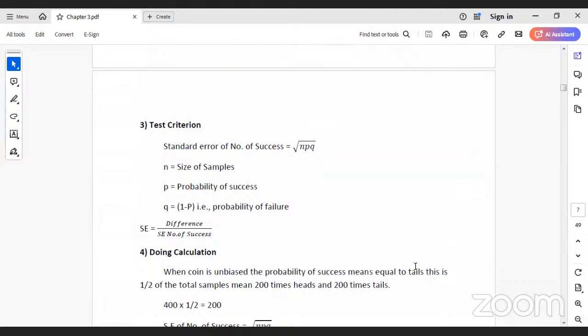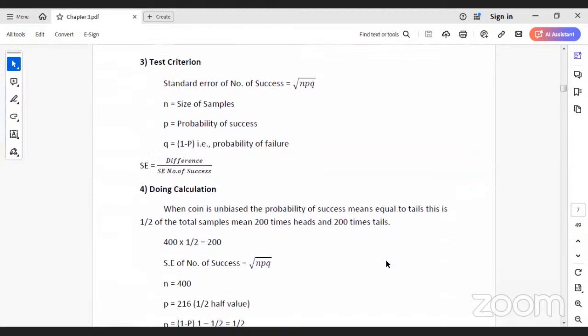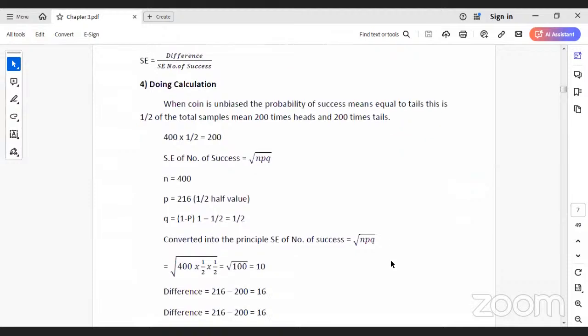Here we do the calculation. The calculation part is important here, so listen carefully. When a coin is unbiased, I am saying unbiased coin, not a biased coin, the probability of success, equal to tails, is 1 by 2 of the total sample, meaning 200 times heads and 200 times tails. So 400 into 1 by 2 is equal to 200.